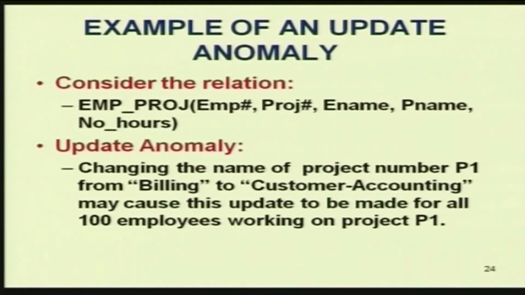Now, what will happen? You will have to change all the 100 tuples associated with the 100 employees who are working on project P1. So, this is a typical update anomaly, a type of modification anomaly, where because of the wrong design, if you make an update in one of the attributes which has nothing to do with that entity, I mean it has to do with another entity.